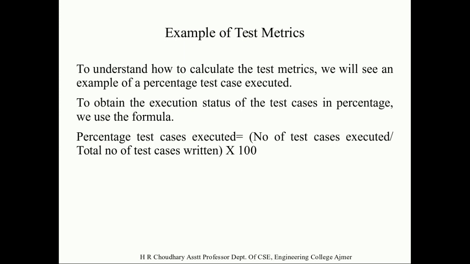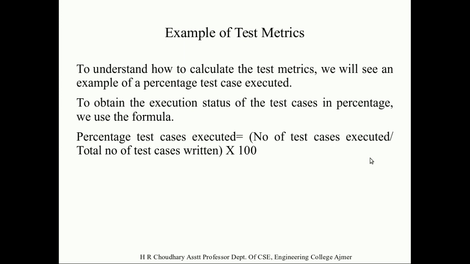Suppose we want to calculate the percentage of test cases executed, to obtain the status of the test cases. We can use this formula: the percentage of tests executed is calculated as the number of test cases executed divided by the total number of test cases written, multiplied by 100.